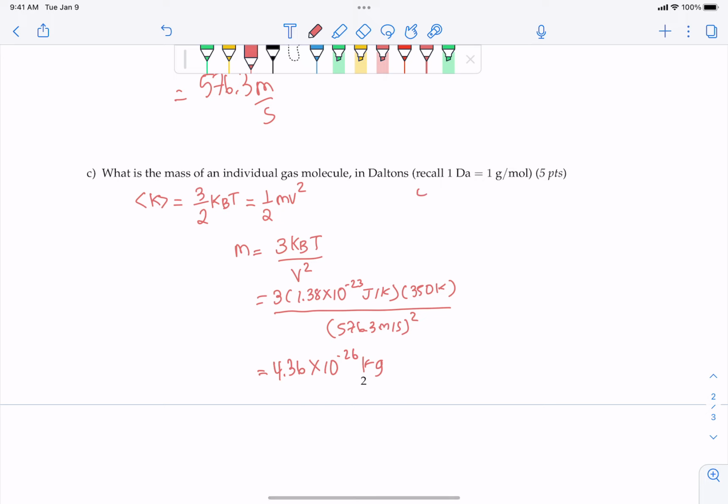So this is 4.36 times 10 to the negative 26 kilograms per gas molecule, right? So think about it: kilograms per molecule to grams per mole. First you can multiply by 1,000 grams, right? 1 kilogram is 1,000 grams. That'd give you grams on the top. But how do we get to moles?